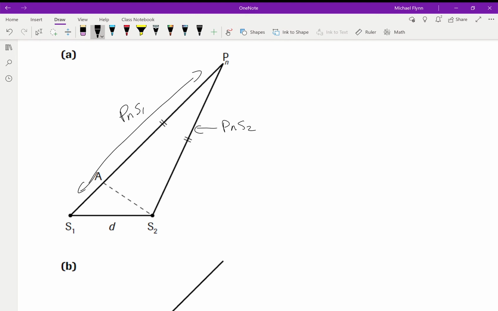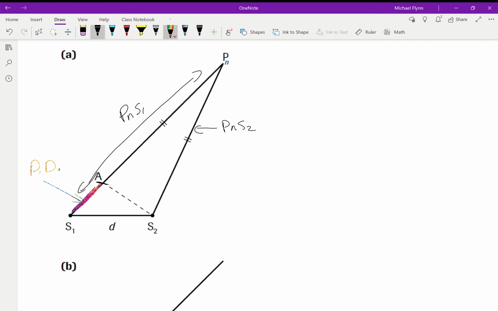Now what they're doing is constructing an isosceles triangle, cutting it off at A. So this little guy here, I'm going to rainbow highlight it. That is the difference in length between the two lines, that is your path difference. You get it? That's your path difference. That's cool. Hopefully that clarifies it for you.